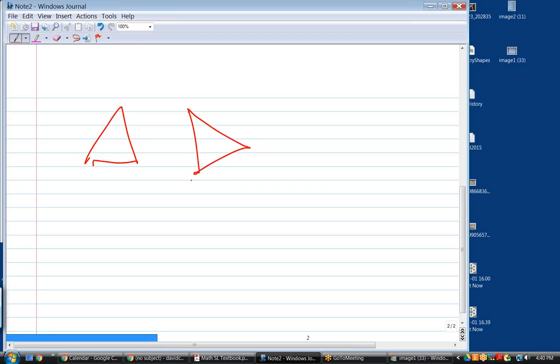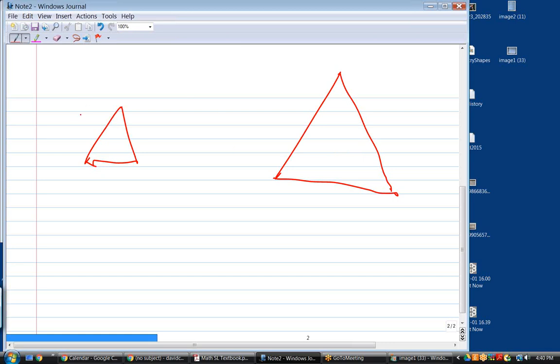In other words, it means they have the same length sides and the same angles. That's what makes them congruent. But if I draw a triangle that's just the same three angles, and that's got the same three angles as this one, then those two triangles are similar.